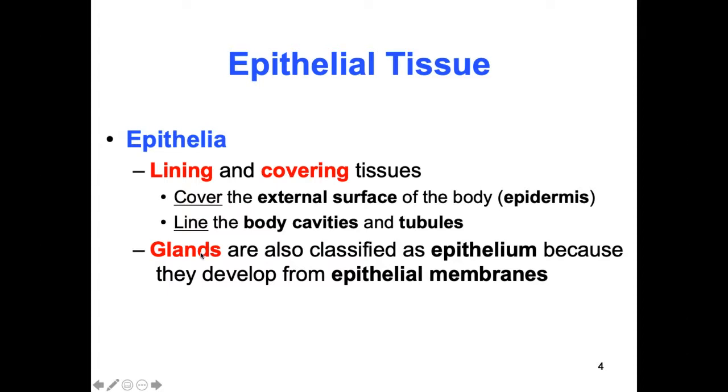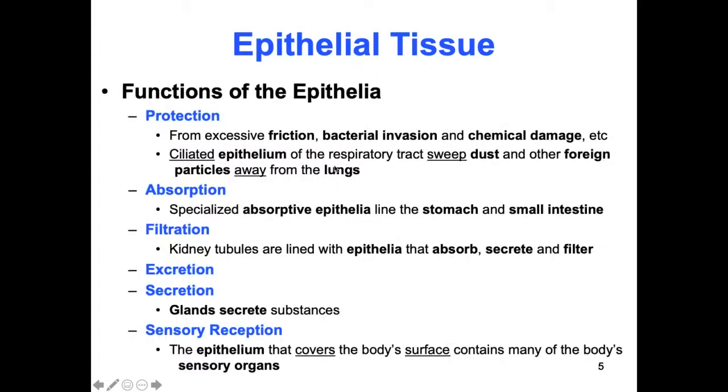We also have glands, like sweat glands and oil glands and mammary glands, right? These are classified as epithelium because they develop from epithelial membranes. Now, some of the functions of epithelium, well, if we think of the skin, we can say it protects us against any chemical damage or against bacterial invasion or friction.